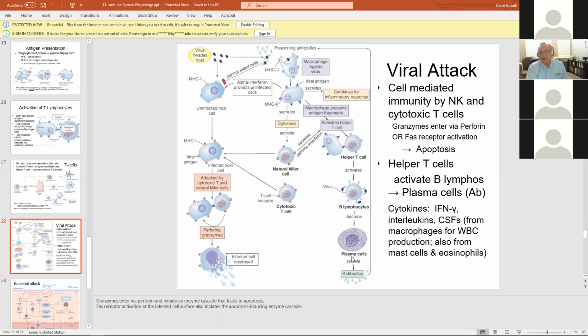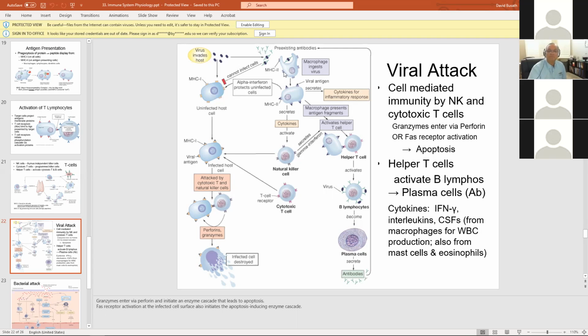Plasma cells are named plasma cells, I guess, because they're found in the plasma and also because they're secreting antibodies like crazy in the plasma. And these antibodies are free to diffuse around in the plasma. They're IgG in the secondary response, IgM in the primary response, and they can go back and bind up the viruses, preventing them from infecting other cells.